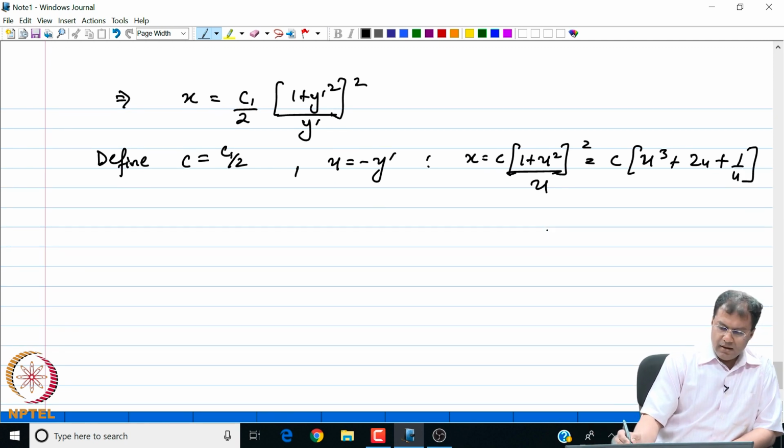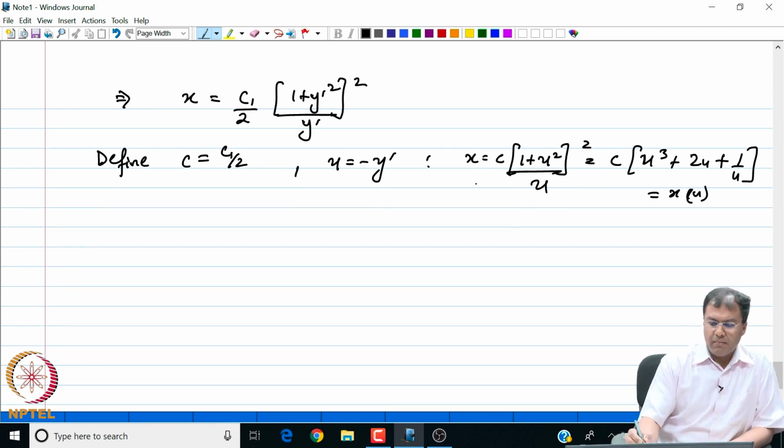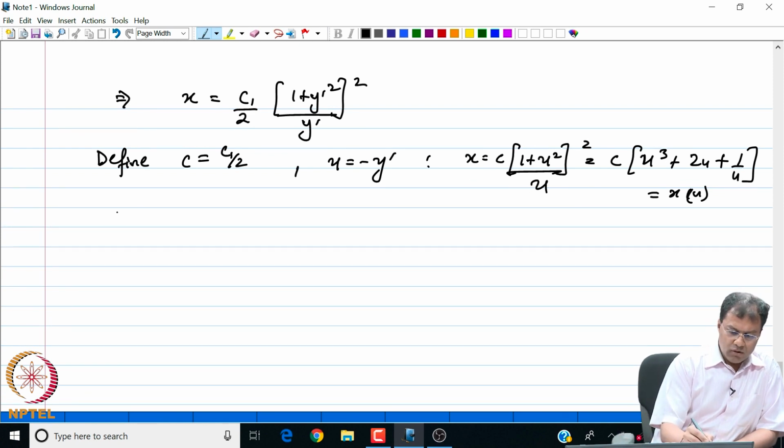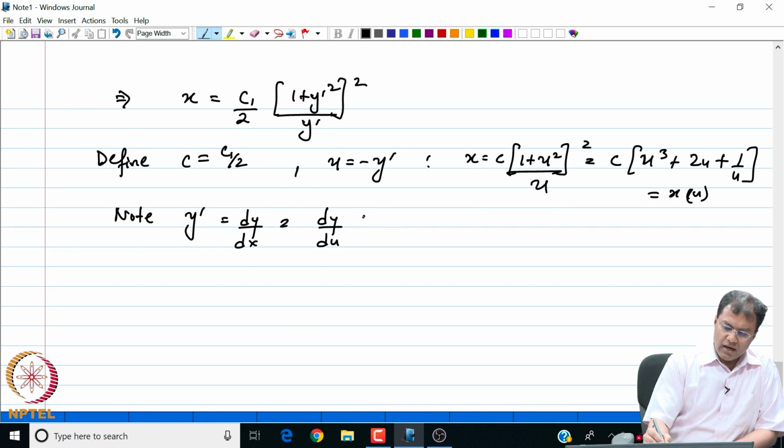And so x is, in the form of the parameter u, C times u cube plus 2u plus 1 by u. Similarly, I can write my coordinate variable y as a function of u. Note that y prime, which is dy dx, is also equal to dy du times du dx.